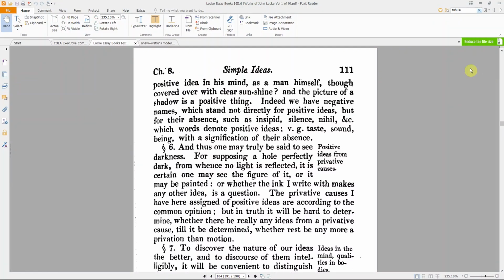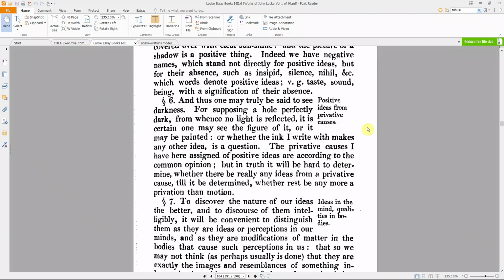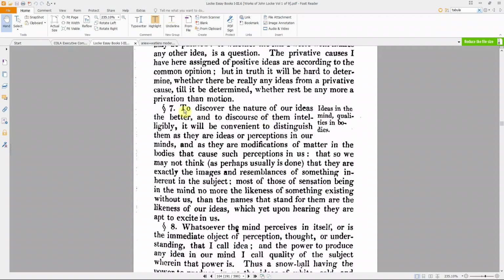That's the point that Locke's making here in Chapter 8, page 111, Section 7: To discover the nature of our ideas the better and to discourse of them intelligibly, it will be convenient to distinguish them as they are ideas or perceptions in our minds, and as they are modifications of matter in the bodies that cause such perceptions in us.